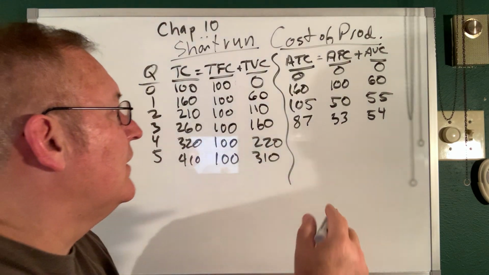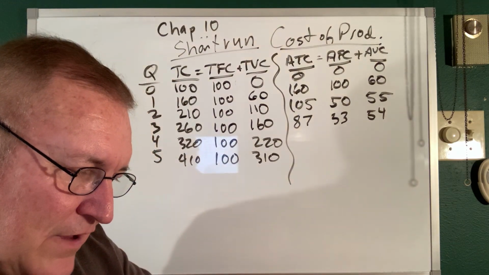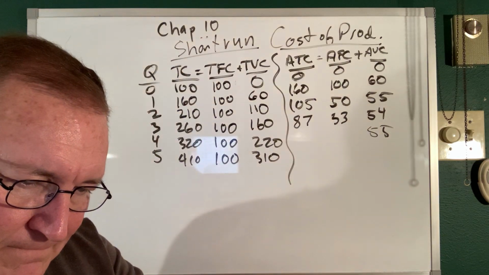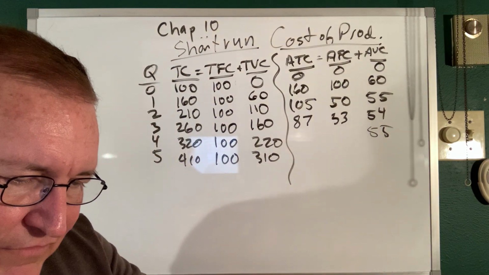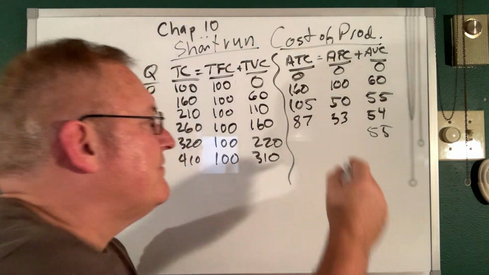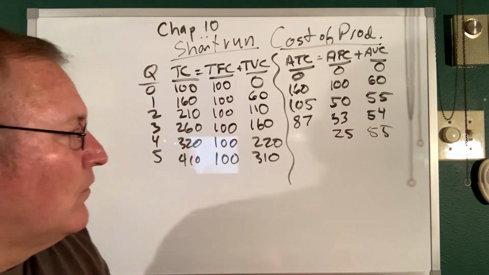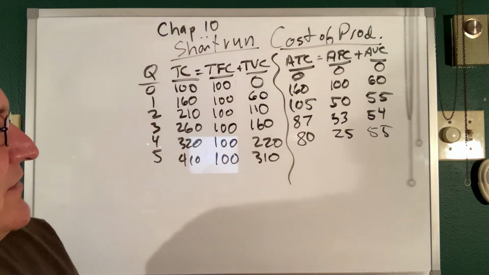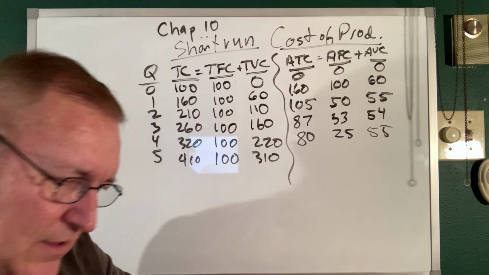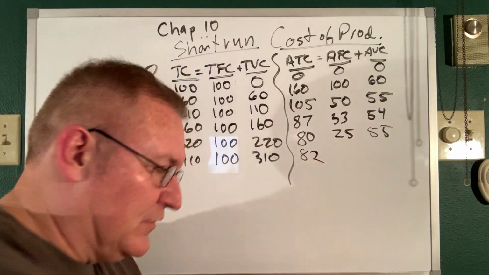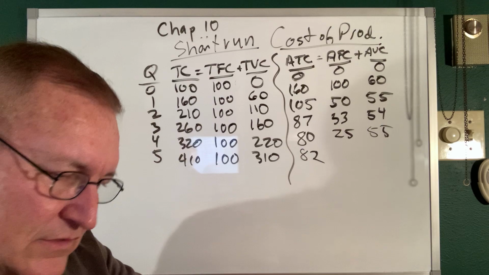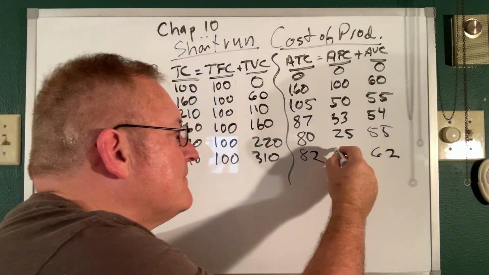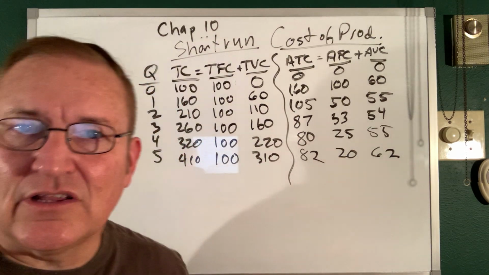If I said your average variable cost is 55, and your average fixed cost is 25, then what's that come out to? 80, right? So you can kind of see how that goes. All right, and then I'll just put up the rest of the numbers. 82 is total cost, 62 variable, and then 20. Okay, it's a lot of numbers.